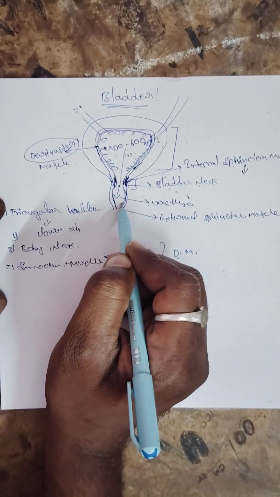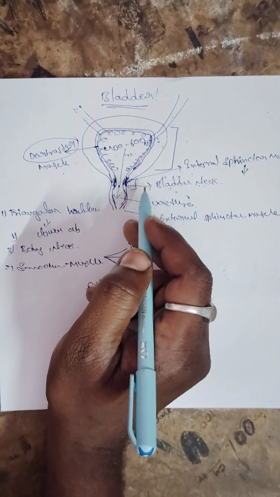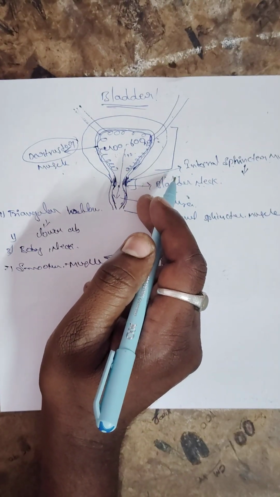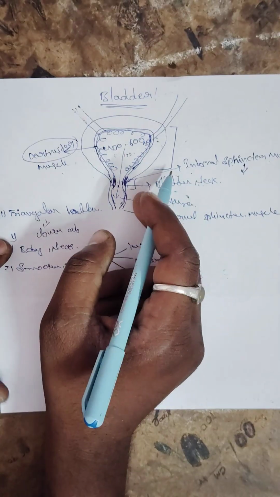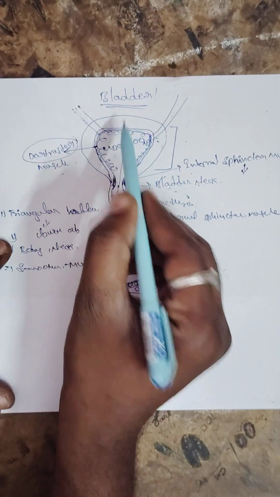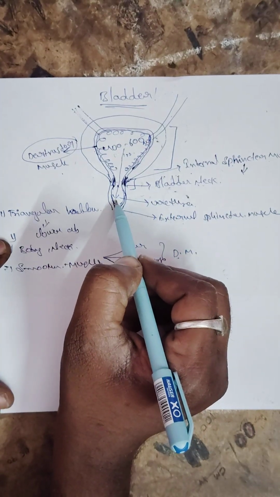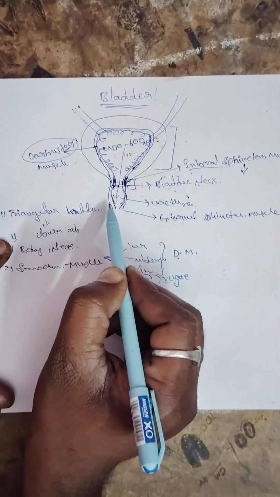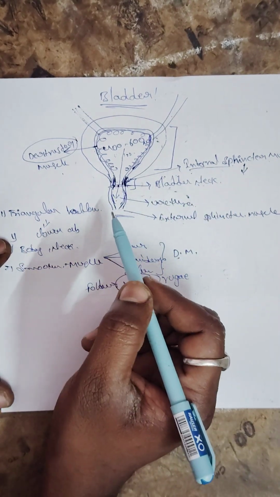This is connected to the urethra, and the external sphincter is present outside. Before the urethra, the internal sphincter is present. After the urethra, the external sphincter is present.